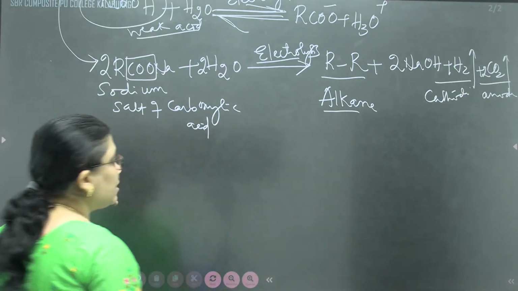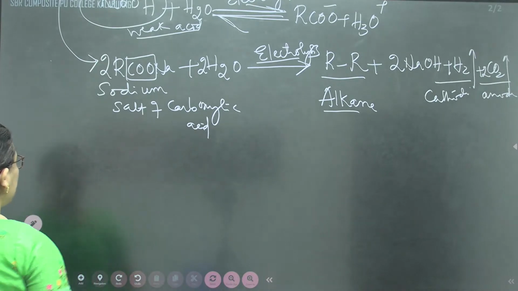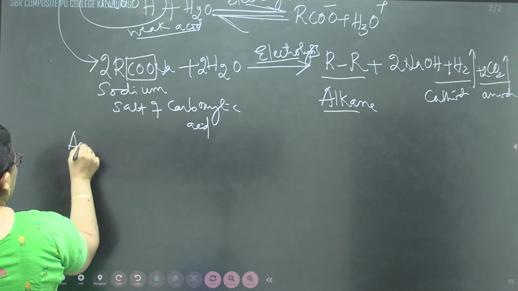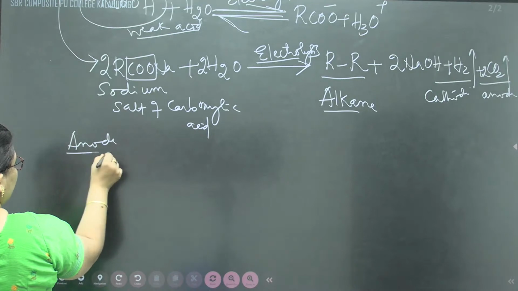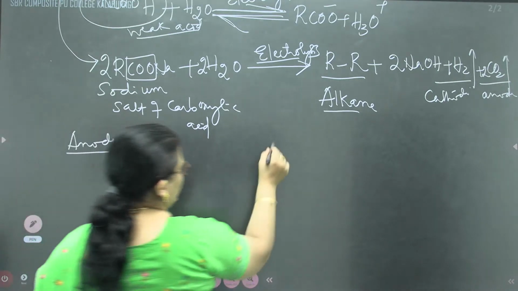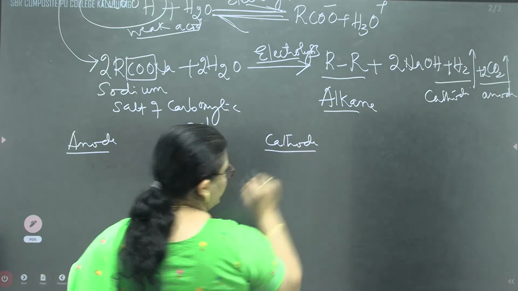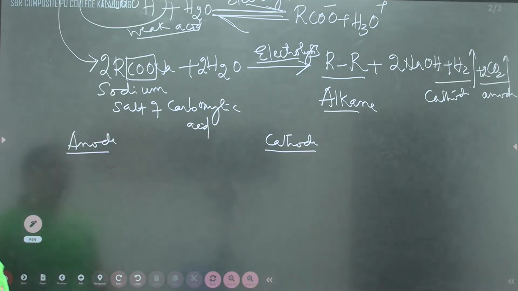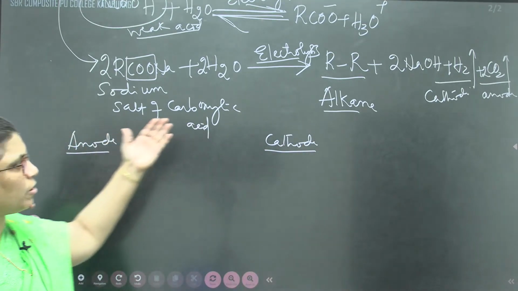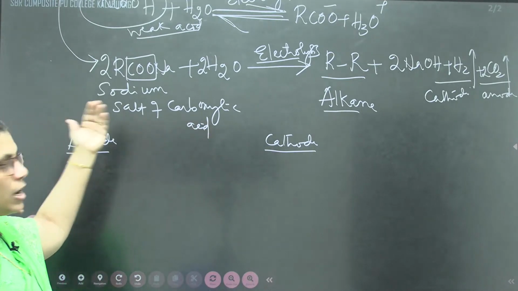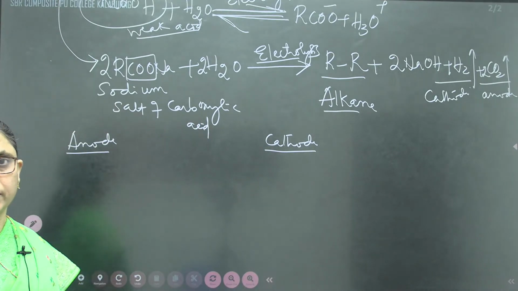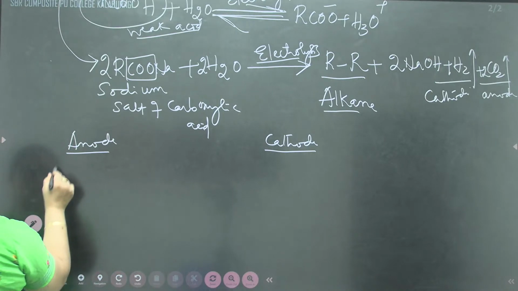That's why, when writing the reaction, we should always write the anode and cathode reactions separately. Anode and cathode reactions are most important. At the anode, the sodium salt of a carboxylic acid undergoes decomposition.